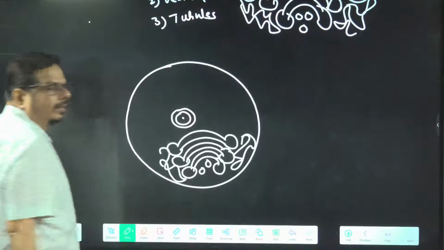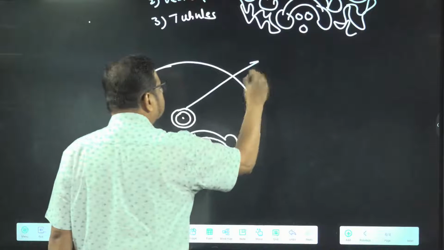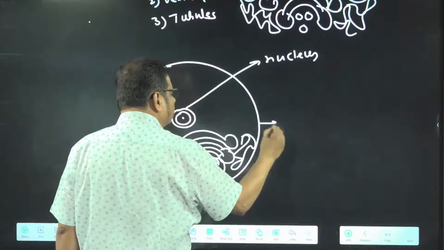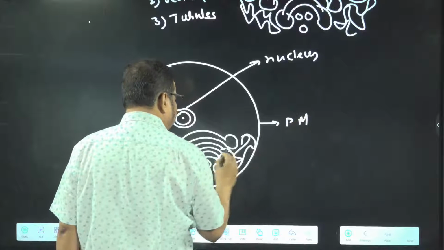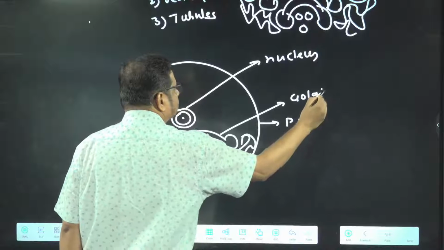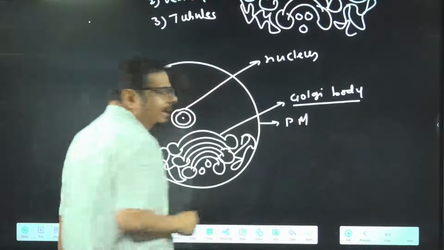This is Golgi body. Are you getting the idea or not? Here it is the nucleus. This is plasma membrane. And this is Golgi body. Are you getting the idea?